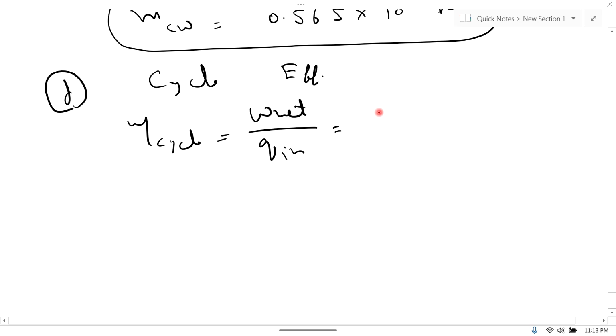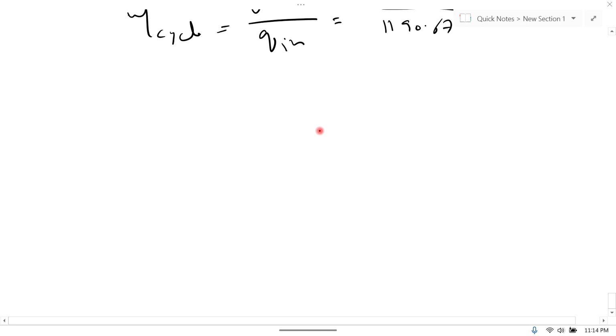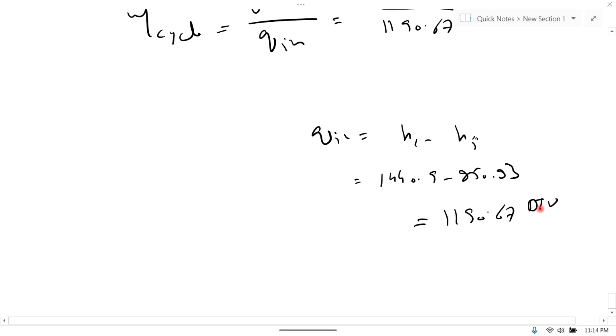So net work is 548.908 divided by 1190.67, multiplied by 100, and this Qin is equal to H1 minus H1 triple dash, which is 1440.9 minus 250.23, equal to 1190.67 BTU per pound mass.